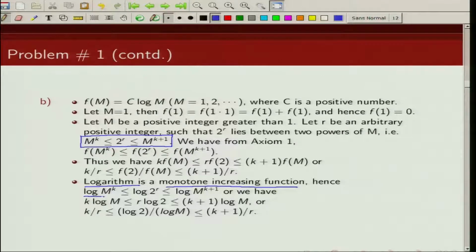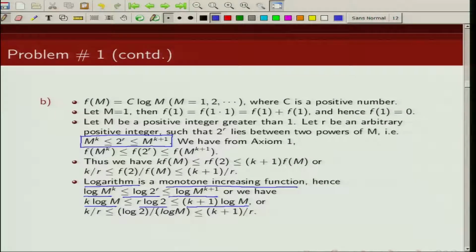We get log of m^k is less than or equal to log of 2^r, which is less than log of m^(k+1). Now log of m^k is k log m, log of 2^r is r log 2, and this is (k+1) times log m.